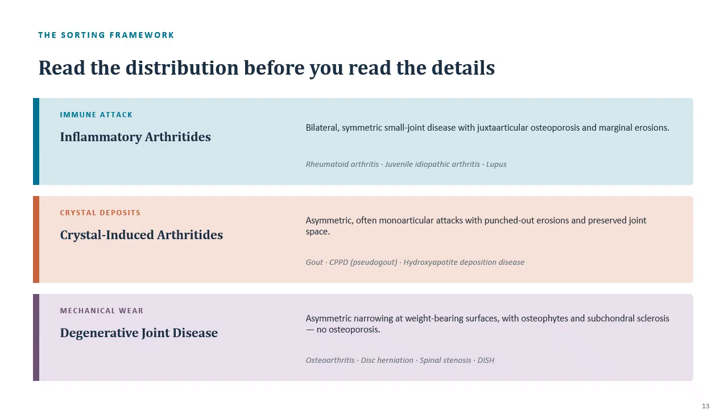So again, the first questions when you're looking at these images should be: is it symmetric? Is it affecting one joint or is it affecting many joints? Another question you're going to ask is, is the bone becoming less dense? Is it staying normal or is it becoming sclerotic?